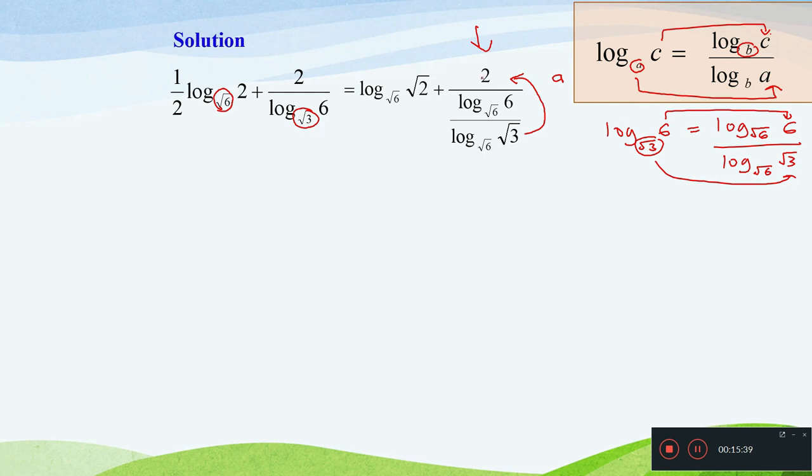Let's say on top, number 2 is A, big A, and you divide with B over C. So this is A over B over C. A is divided with B over C.